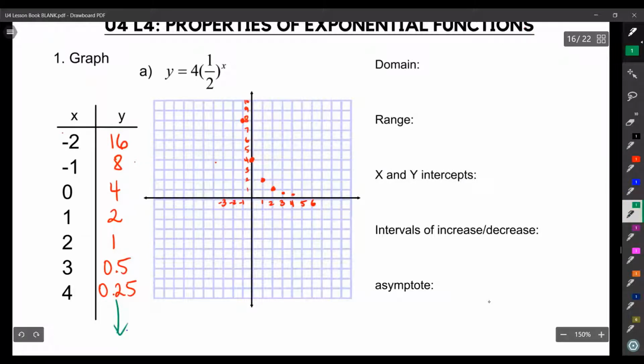If I keep halving and halving and halving, my decimals are just going to get smaller and smaller, but they'll never hit 0. So really, I have a horizontal asymptote that emerges here at y = 0. So we'll put that in for asymptote and then draw our graph so that it's not crossing over that asymptote, but just approaching it.